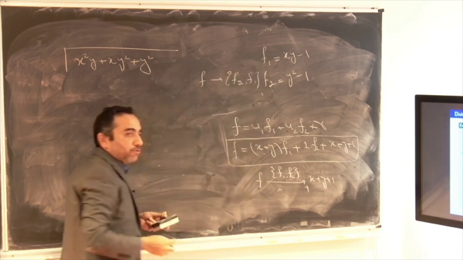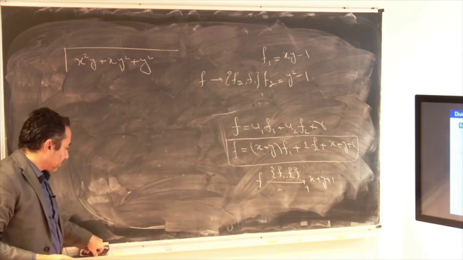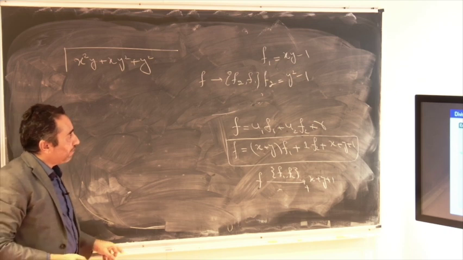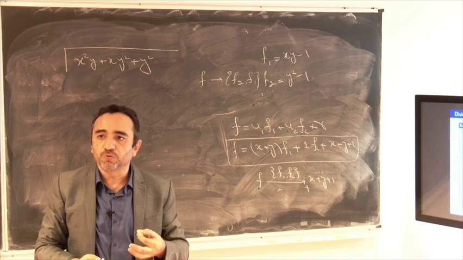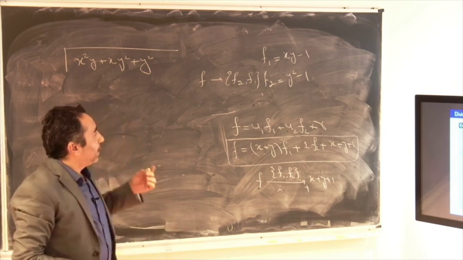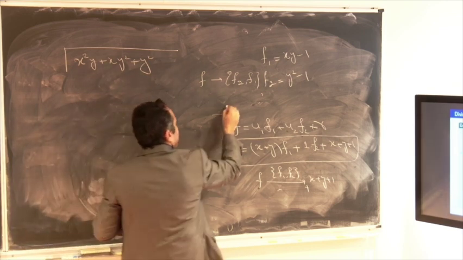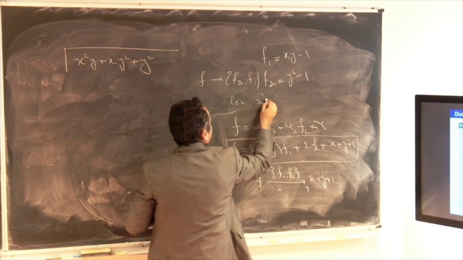I'm just using the same notation so that it will not get confused. So f2 and f1 means now the preference of leading term is f2, not f1. And we are having this lexicographical ordering with x greater than y.